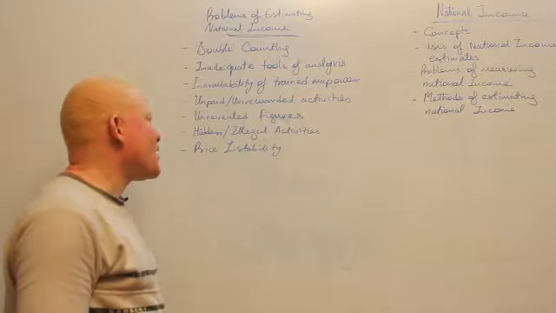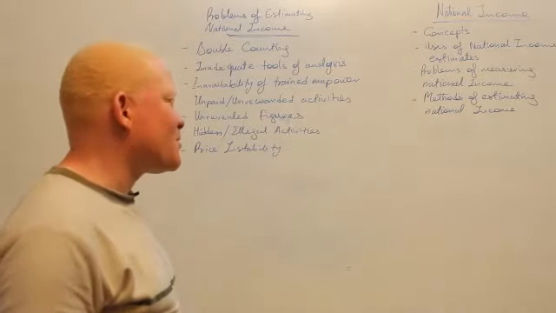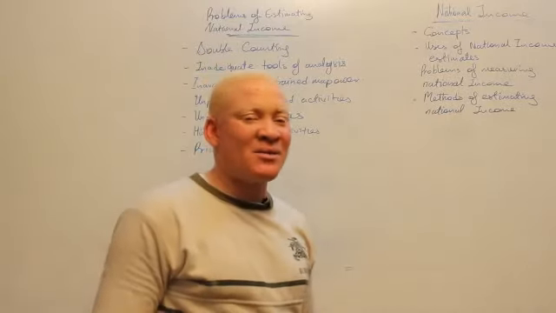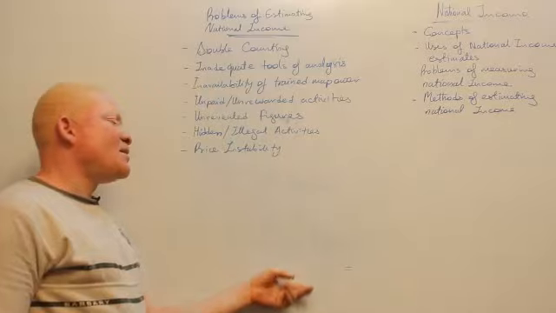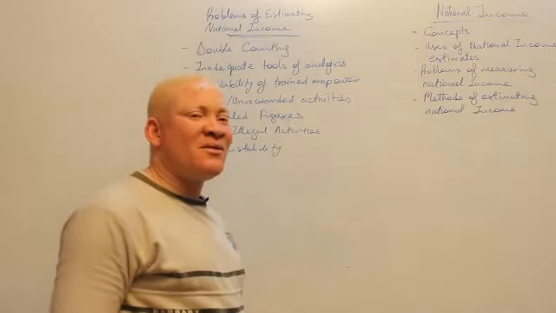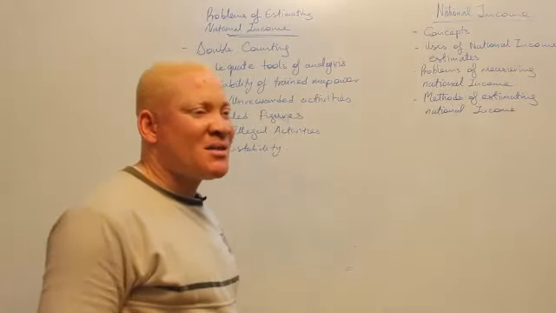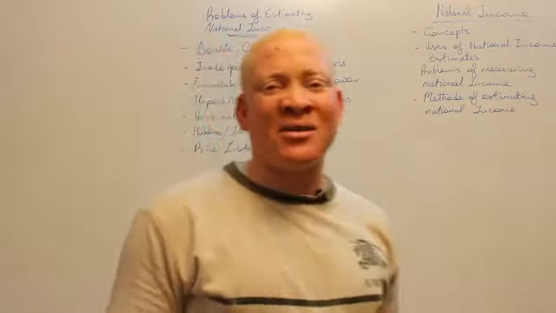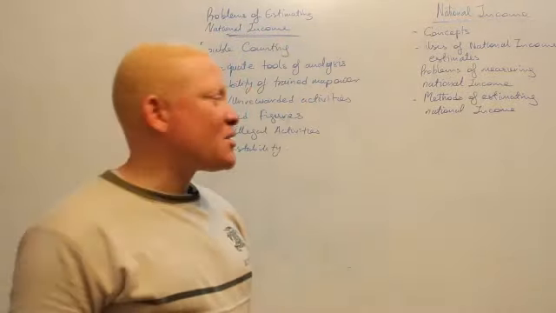And the last one is price instability. In estimation, not actual counting, price will lead to an understatement or overstatement of national income when you use a single price, whereas the current prices are different because of price fluctuations.